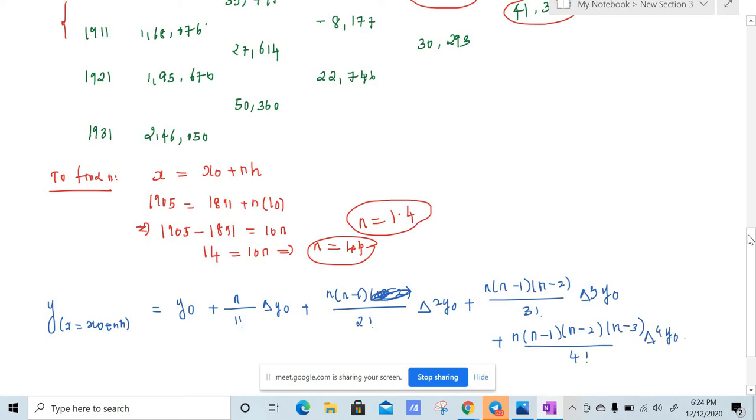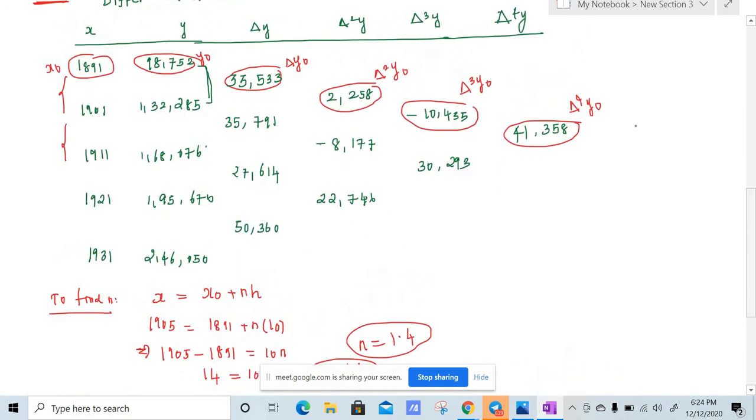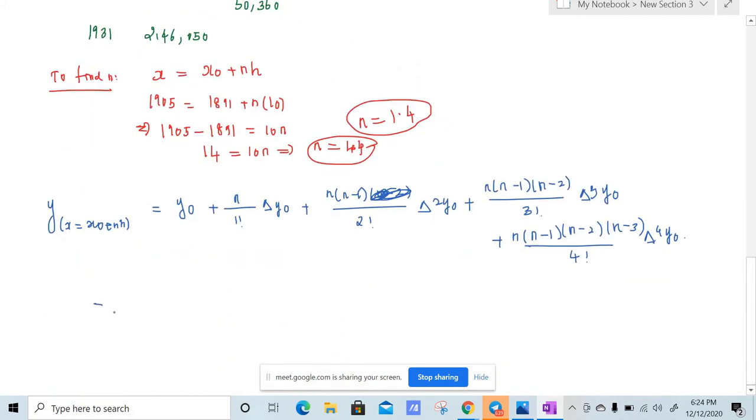We can stop the formula here because we don't have del power 5 y naught. So we can stop up to del power 4 y naught. Now just substitute all the values.